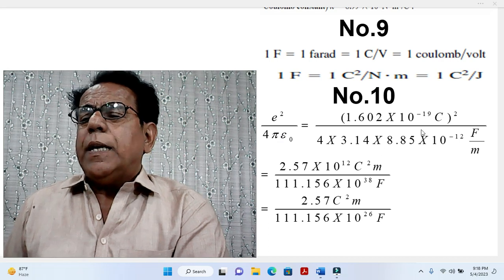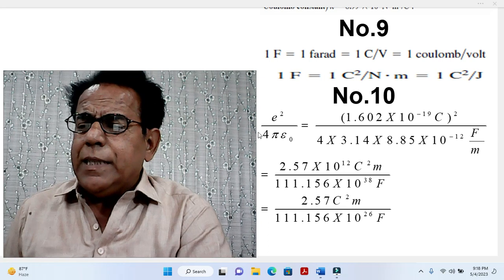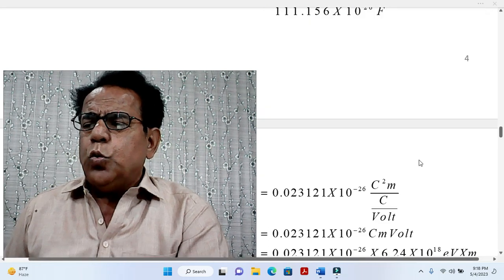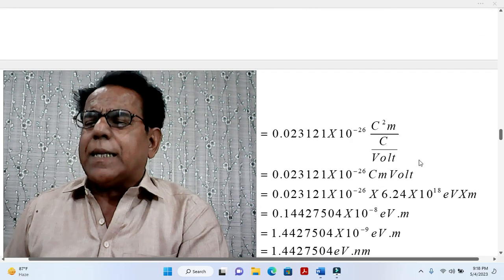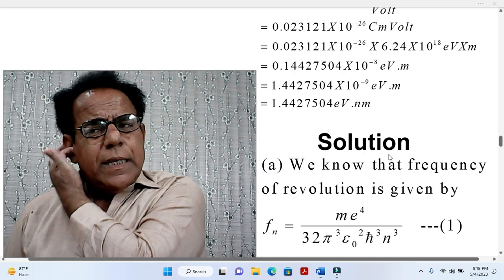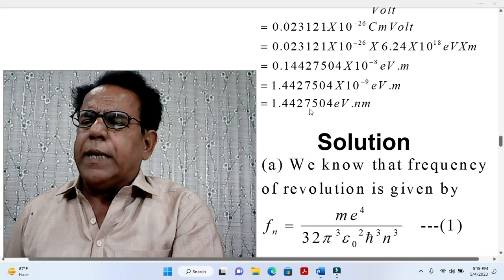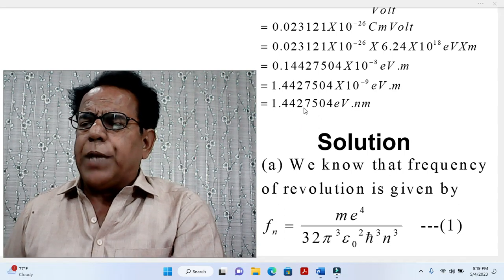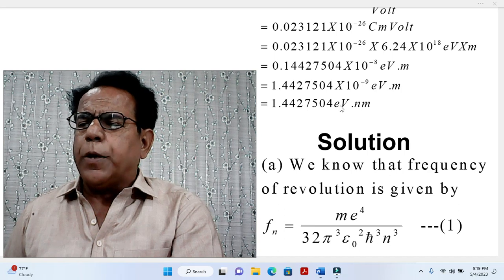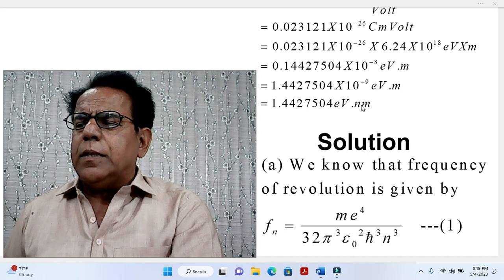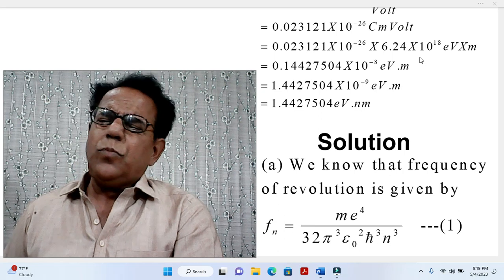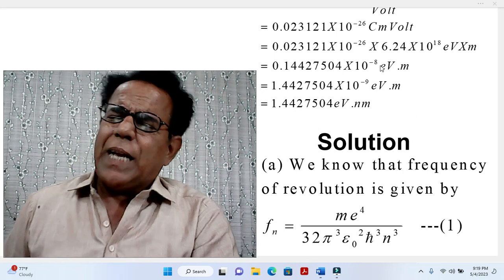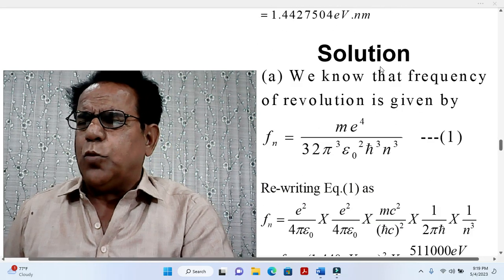So here, by using all these constants separately, we have tried to recheck or counter check that it is quite okay that its value is equal to 1.4427504 electron volt nanometer. So this was just an additional thing, never necessary for the solution of this problem.